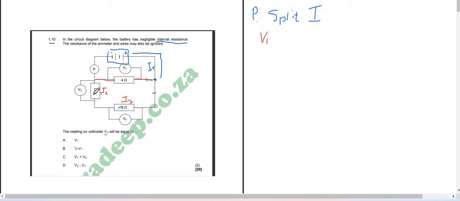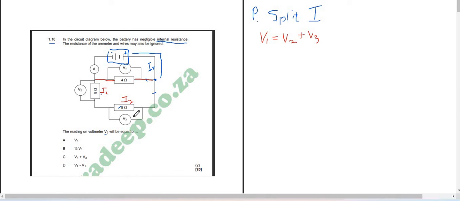However, these 2 resistors will split that total voltage of V1, meaning now you're going to have an equation such as this one, where you have V1 will be equal to V2 plus V3, right? So what this means is that the voltage that comes in this branch is V1. However, these 2 resistors that are in series with each other, they split that total voltage of V1 that came through that branch.